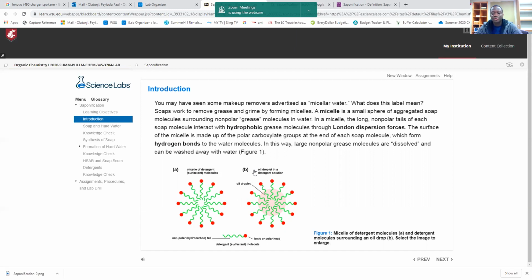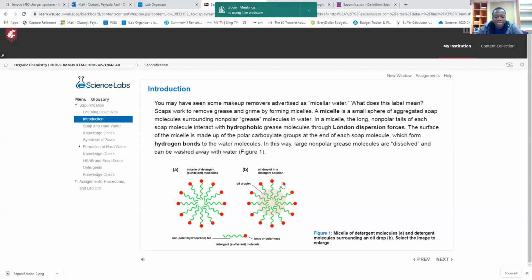So let's say you're trying to remove an oil droplet from a cloth, for example, and the oil droplet looks like this really faded spherical or circular object you're looking at right now. Now, because the oil is non-polar, the tails of the soap molecules that are hydrophobic, non-polar, would aggregate and interact.